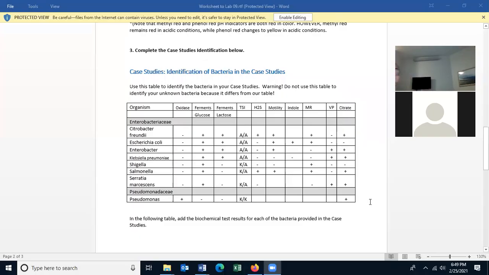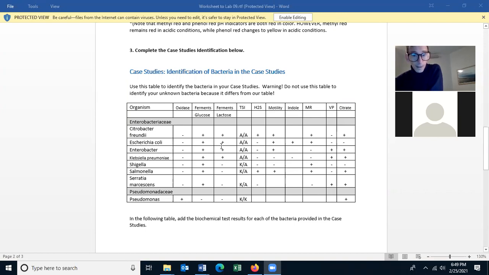So that means it's probably, you're not seeing the screen here. Let me show you the screen. There, now you can see the screen. So it probably ferments the sugar lactose, so it means it's probably one of these 4 bacteria at the top of this table.